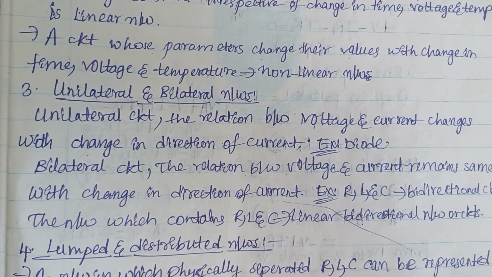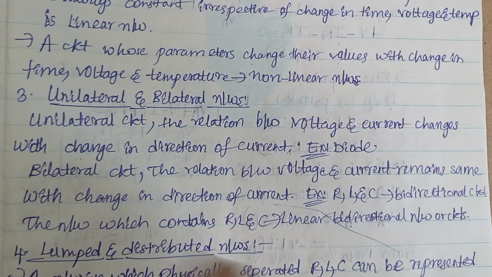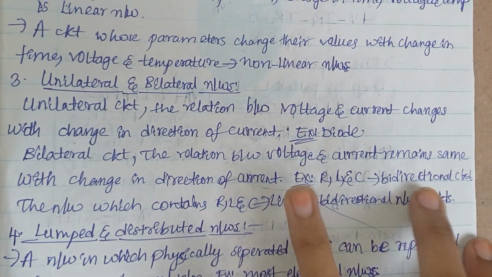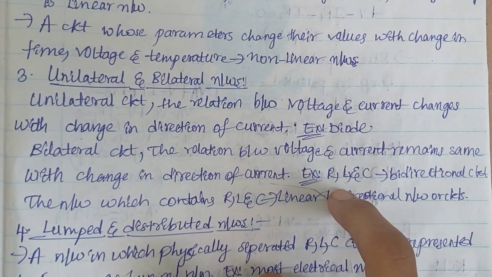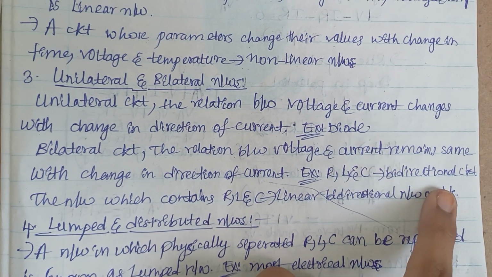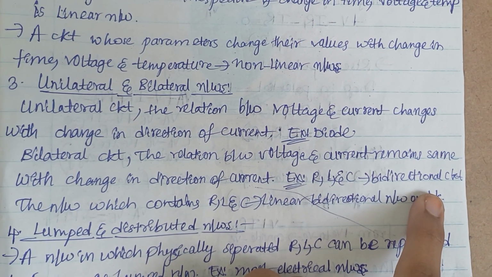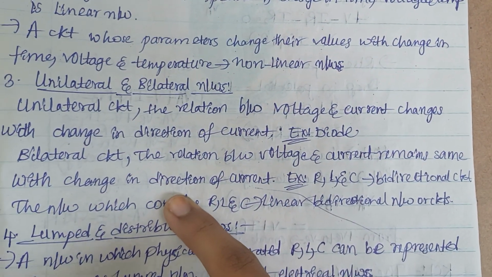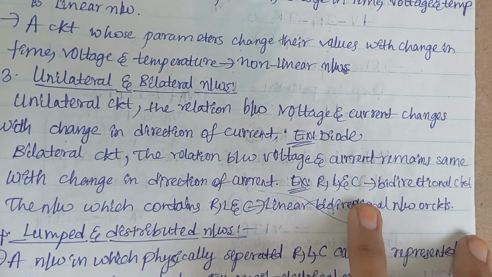Next, coming to a bilateral circuit, the relation between voltage and current remains the same even if there is a change in direction of current. For example, this RLC we have seen. So this is said to be a bilateral circuit. Even if there is a change in direction of current, these relations remain the same, right?